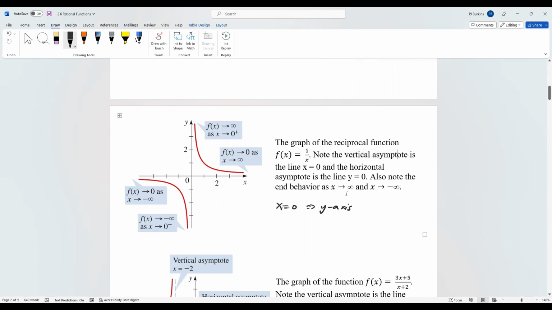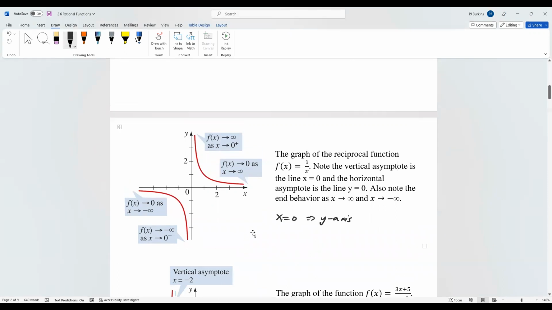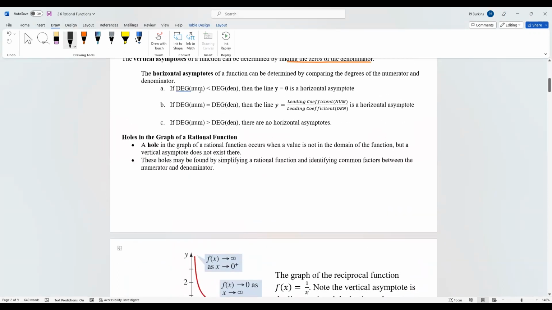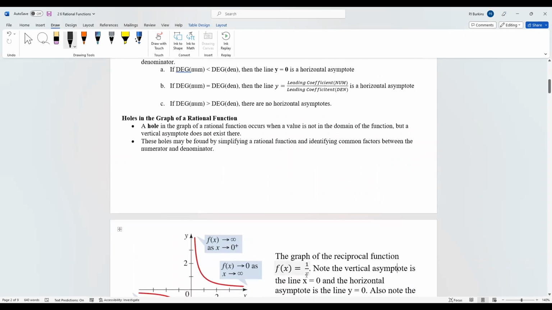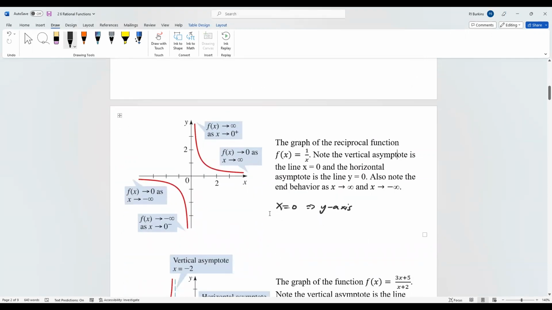Then where are the horizontal asymptotes? Well, going by the rules, we need to look and see. We have x to the first in the denominator. That's a higher degree than the numerator, which has x to the 0, if you will, up there. If the denominator's degree is higher, then the line y equals 0 is a horizontal asymptote. So the degree of the numerator is less than the degree of the denominator, so y equals 0 is our horizontal asymptote.